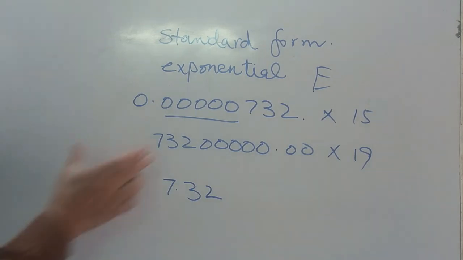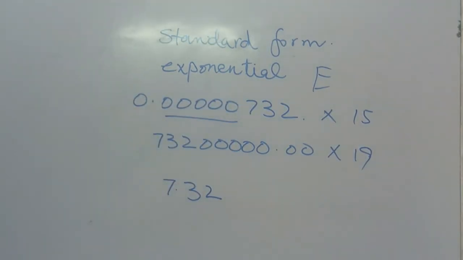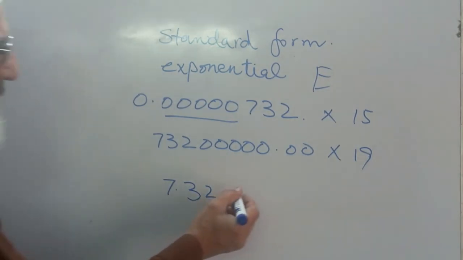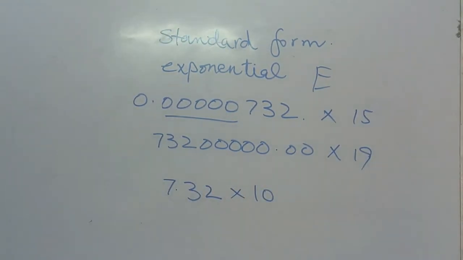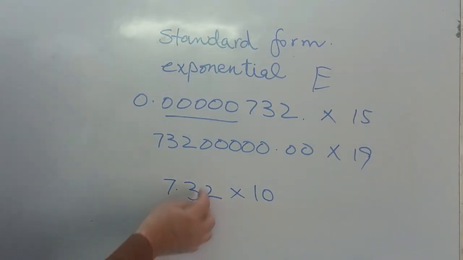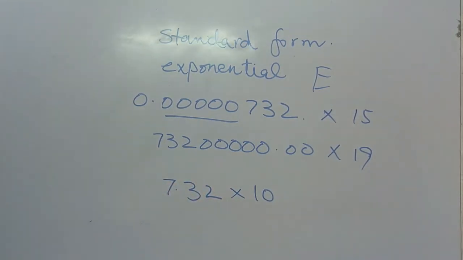But where does the rest of the zeros go? It is simpler to write it like this, but up till now it is wrong, because if I multiply this with 10, the point will shift over here and it will become 73.2. So it is not correct.